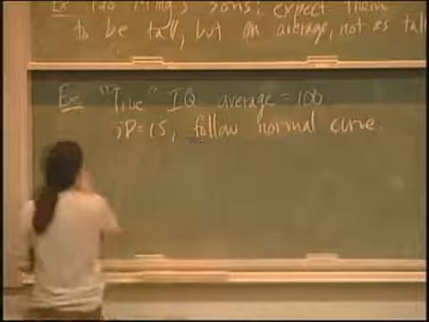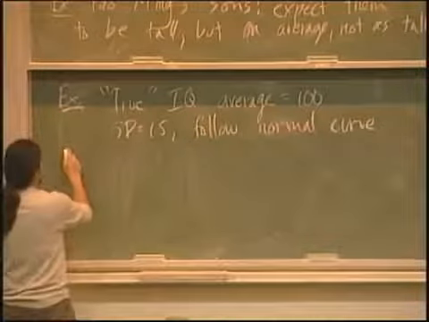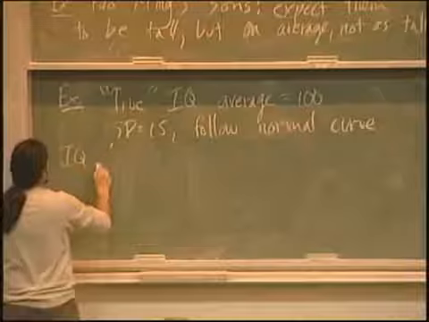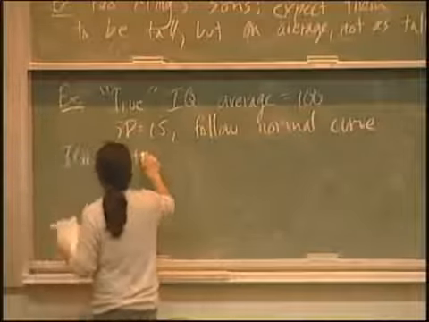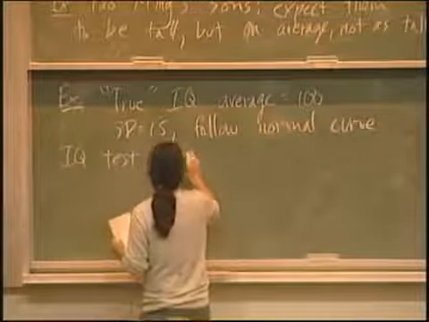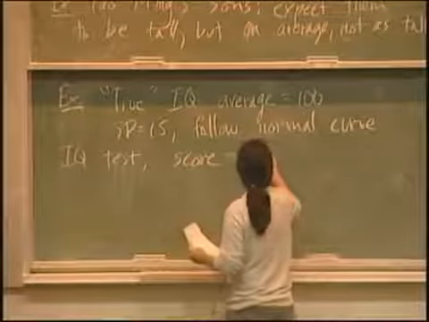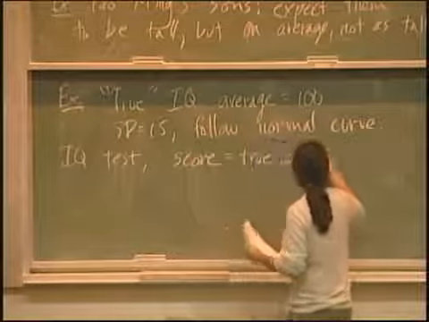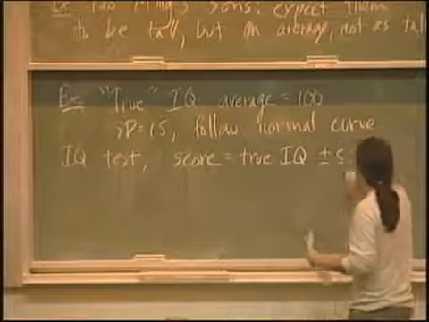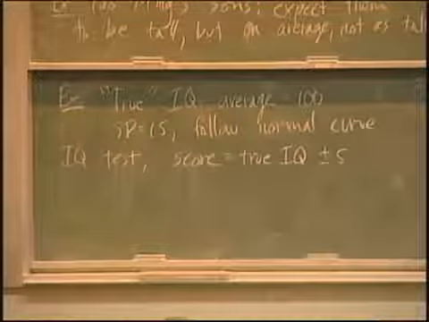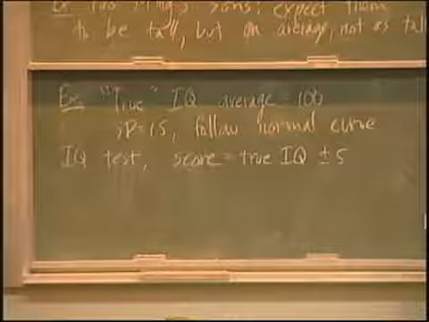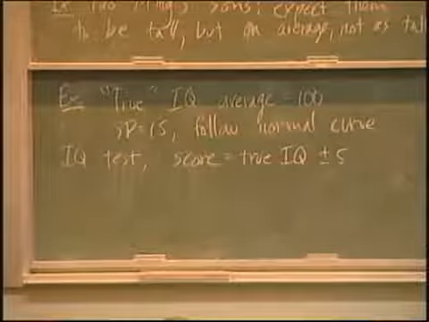Now let's suppose that we give a bunch of people an IQ test. Your score on the test is equal to your true IQ plus or minus 5. You can think of that plus or minus 5 as just being random. This is not really realistic; this is not how you would expect to score on an IQ test.